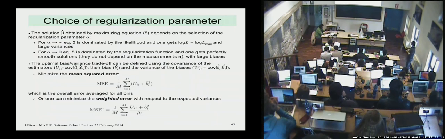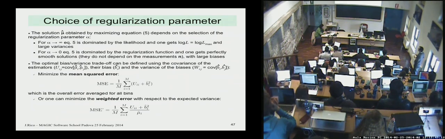And now, based on these three quantities, we can provide methods to determine which is the optimal value of alpha. So the first one would be the mean square error. We sum the variance and the bias for a given bin, and we minimize this quantity.